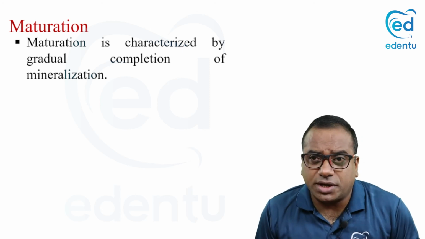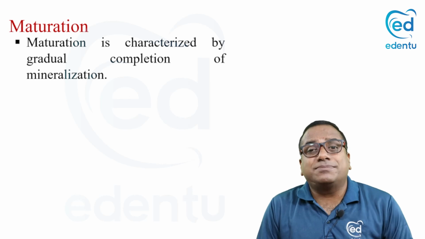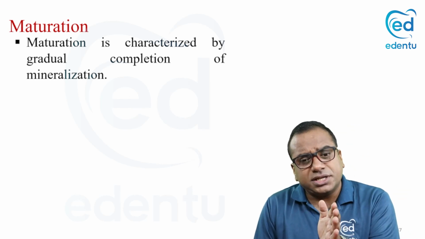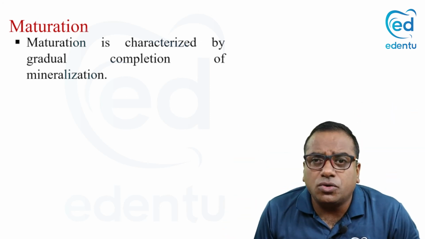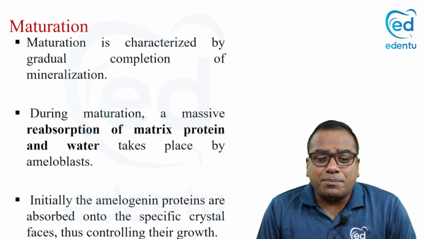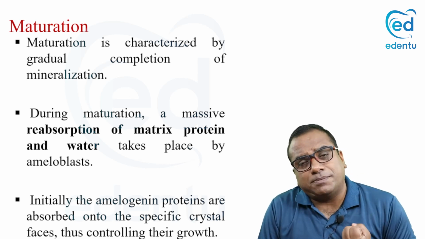So mineralization is over. Now the enamel has to mature. It has to become thicker. Maturation is characterized by gradual completion of mineralization. Once the mineralization is over, the gradual extension of mineralization will lead to maturation. During maturation, reabsorption of matrix protein and water takes place.